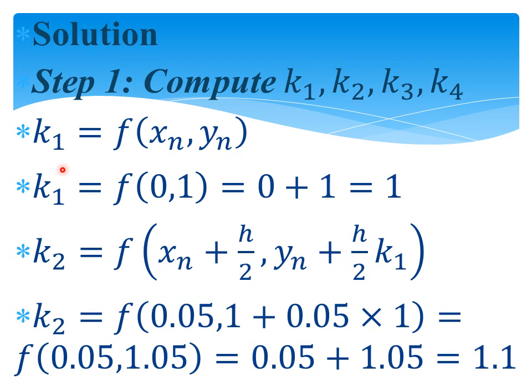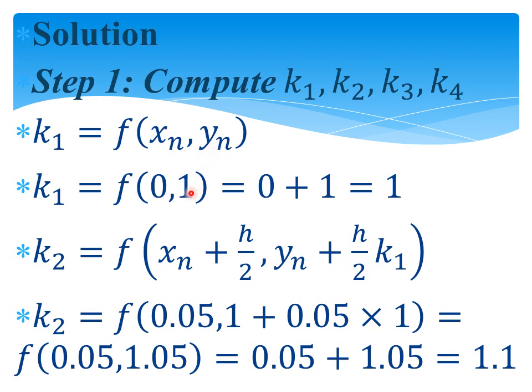If we find k1 with the first initial value, you know we put n = 0, it means x0. The x0 value is given, x0 = 0, and n = 0 means y0 = 1.